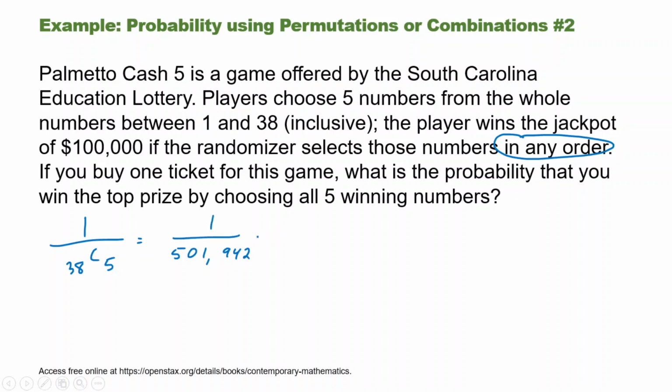One of those is our winning number. And again, you can create that as a decimal if you need it for some reason. I'm going to leave this answer as a fraction. So in these problems, we need to determine if we need permutations for our probabilities, if we need combinations for our probabilities, or possibly some mixture of the two. You'd have to be very, very cautious as you work through these.